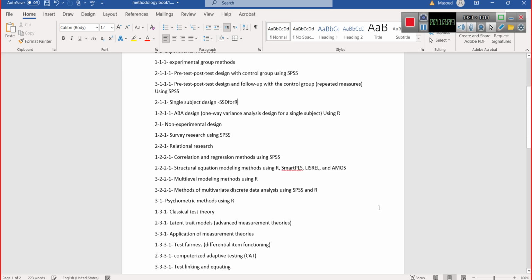For non-experimental design, I would rather divide it into some major designs, like a survey design, which is actually a major research design that is called by so many names in social and behavioral research.